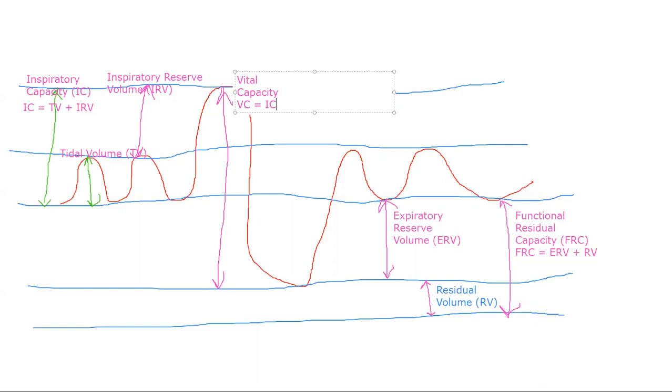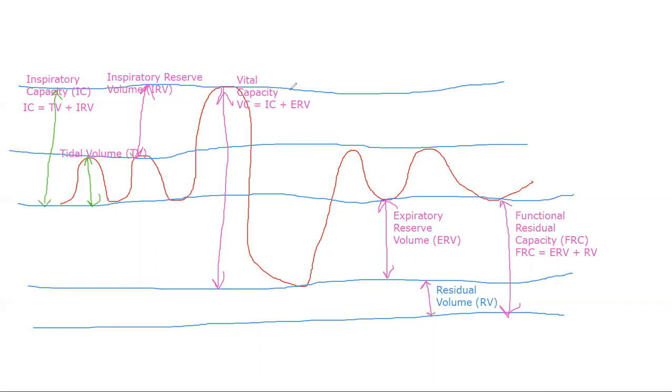So you could put both of those in there, but it's simpler to combine them. Inspiratory capacity plus ERV. It's not FRC because vital capacity does not include residual volume. Do you understand why if you put FRC that would be wrong? FRC includes residual volume, vital capacity does not. Yeah, I see it.